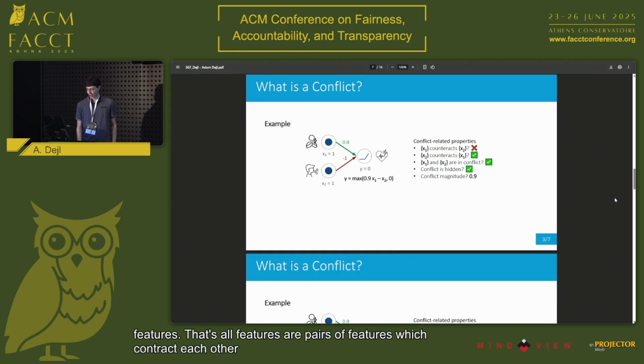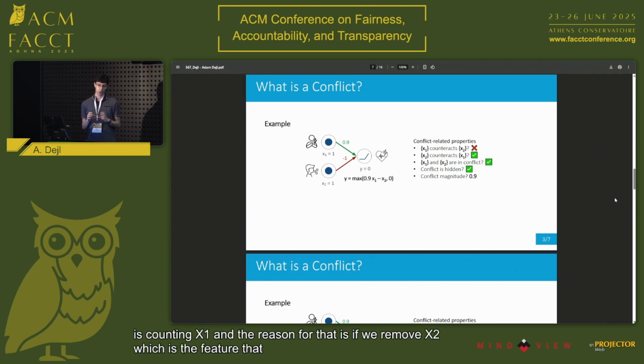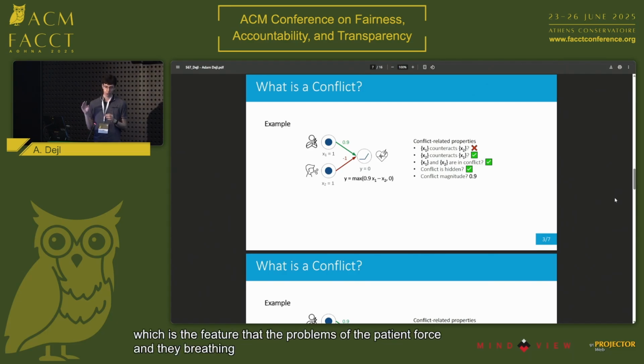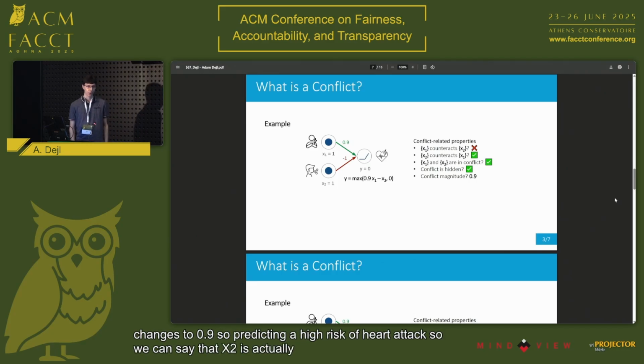So first, it is pretty clear that x2 in this case is counteracting x1, and the reason for that is if we remove x2, which is the feature that the problems of the patient worsen with breathing, then the output of the model actually changes to 0.9, so predicting a high risk of heart attack. So we can say that x2 is actually counteracting x1.